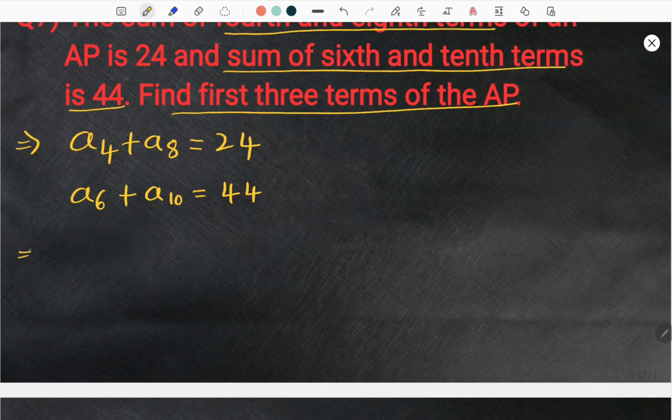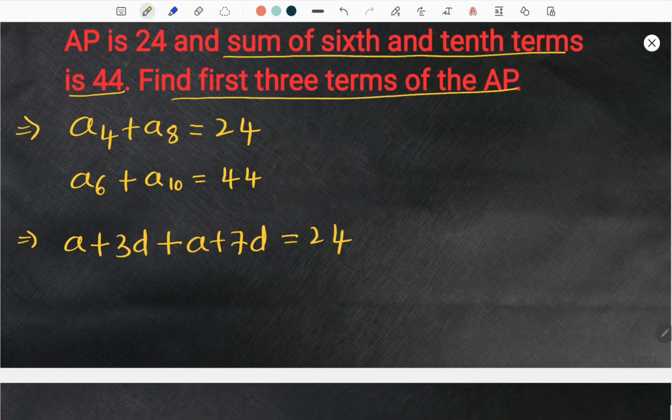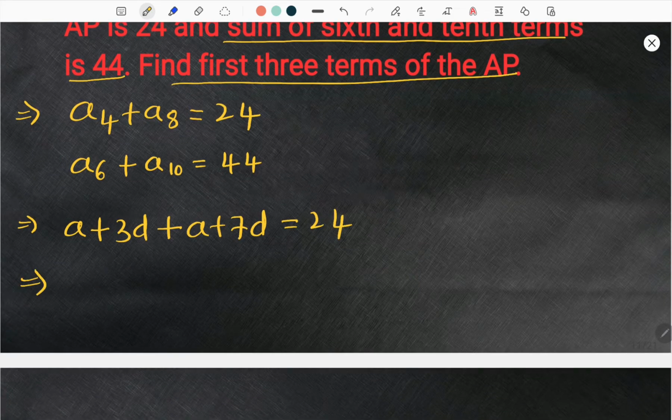So immediately you can do this. First thing, you take this equation. Then you are going to form this as a plus 3d for the 4th term, plus a plus 7d for a8, and that is equal to 24. Alright, so a plus a is 2a, plus 3d plus 7d is 10d, and that is equal to 24.